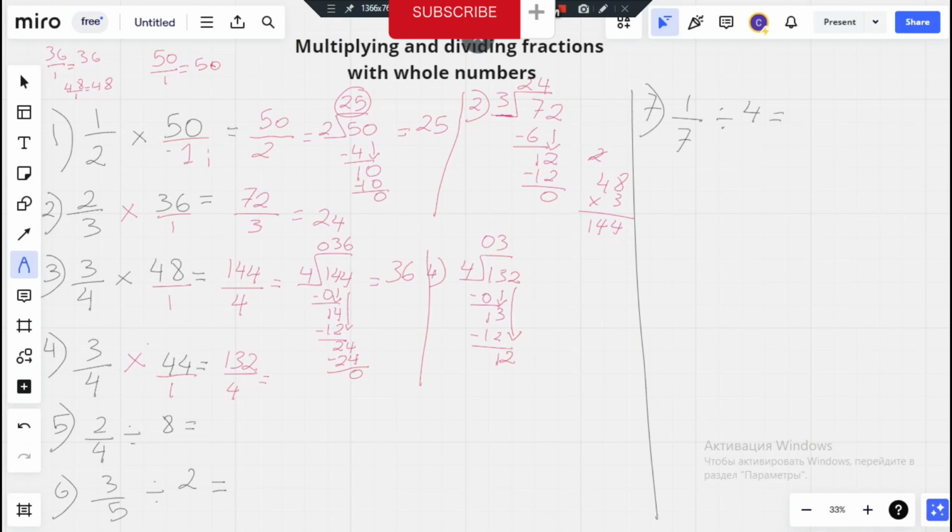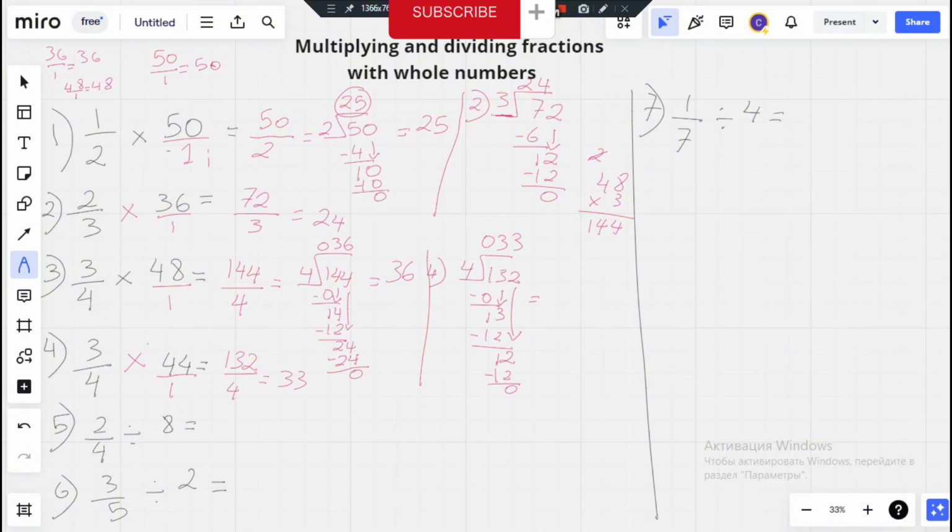Bring down the 2. How many 4s can you put in 12? 3. 3 times 4, that's 12. 12 minus 12, that's 0. So our answer is 33.